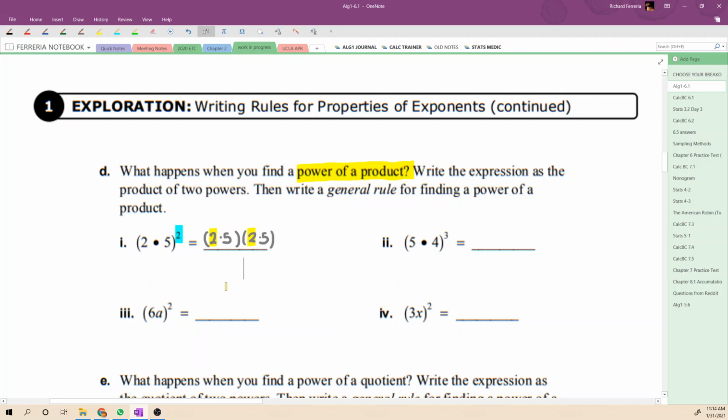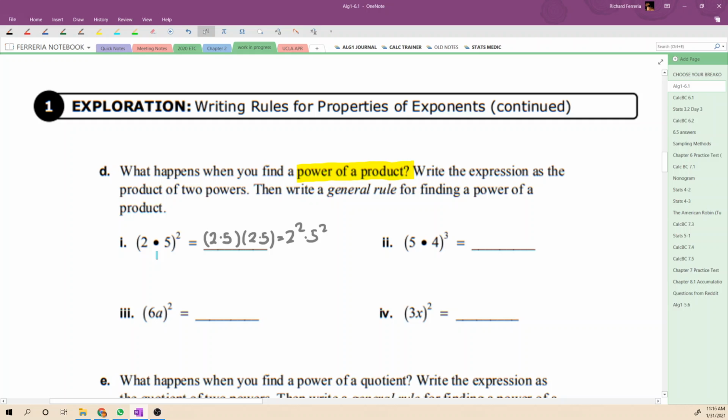Using the commutative property, I've got 2 2's, so that's 2 squared. And I also have 2 5's, so that's 5 squared. So it seems like if we have the power of a product, we're kind of distributing the power to each of the factors. So let's test this out on number 2.